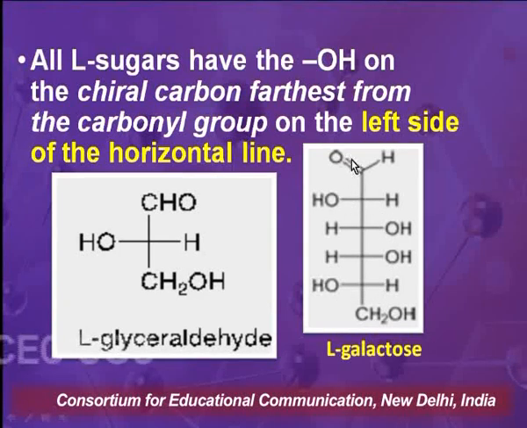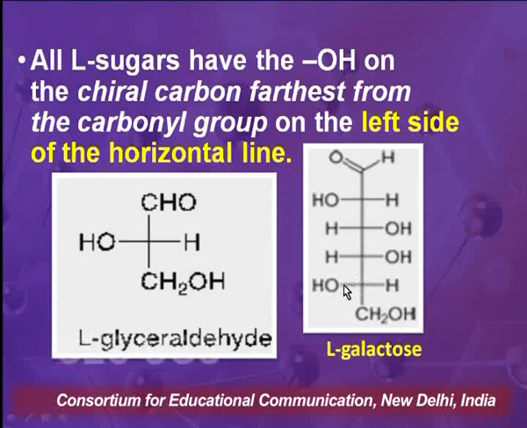What you have to remember is that the D and the L configuration is assigned on the basis of the position of OH on the highest numbered asymmetric carbon, or we can say on the basis of the carbon which is furthest away.